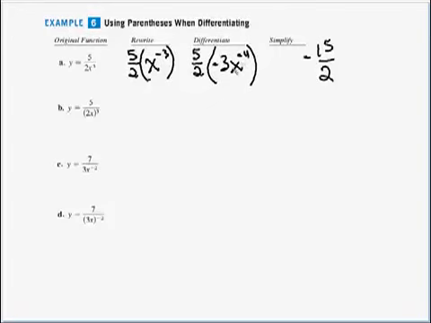And then x to the negative 4, if we want to get rid of that negative exponent, we would drop it down to the denominator. X to the 4th exclusively in that denominator. Negative 15 over 2x to the 4th.